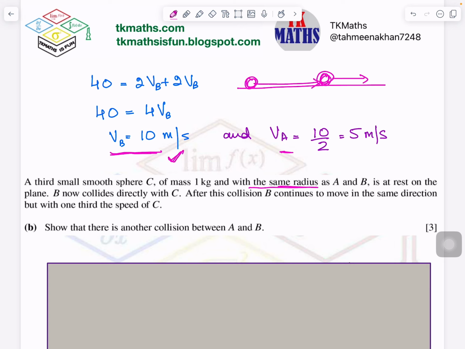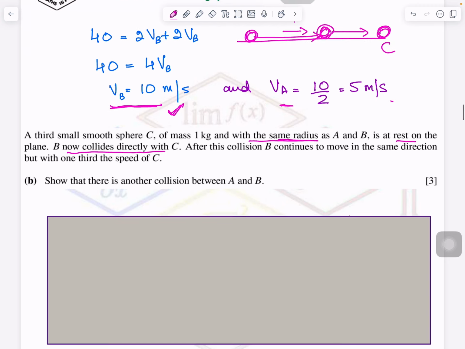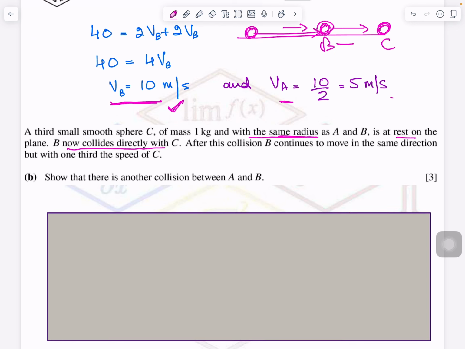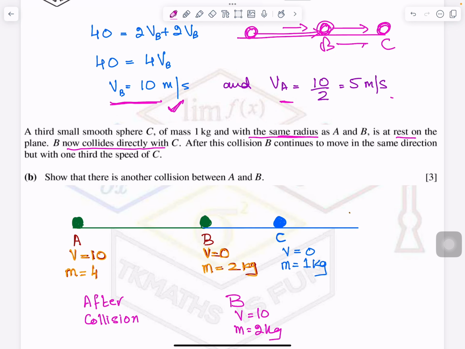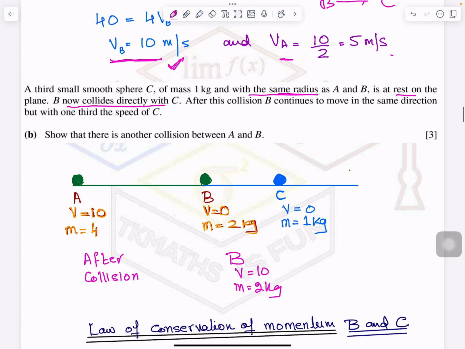A is also moving but with a slower speed, 5 meters per second. Particle C is here somewhere, at rest, and B now collides directly with C. It means C is ahead of it at 0 speed. So this particle B will collide here. I have drawn the diagram to make you understand everything.